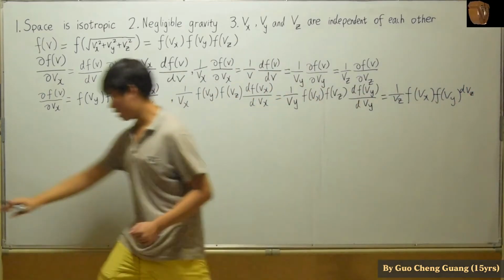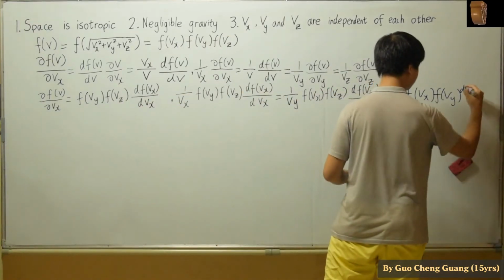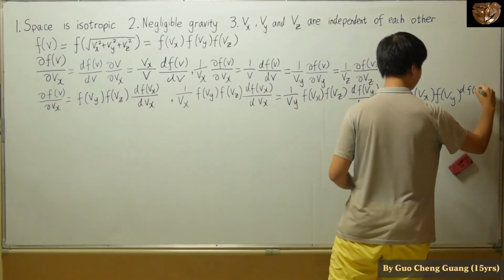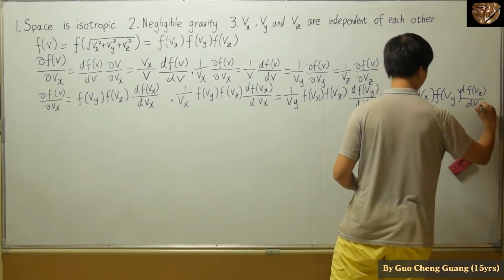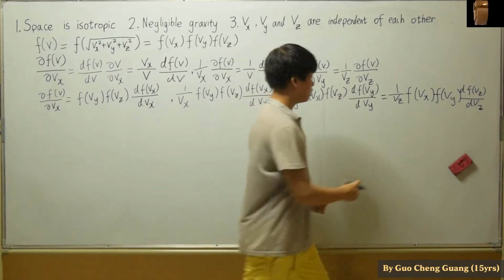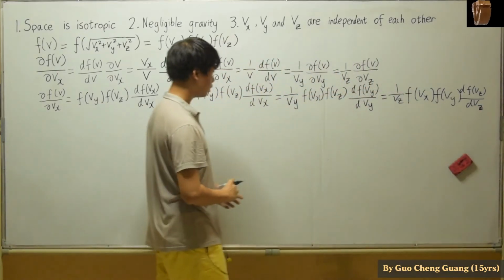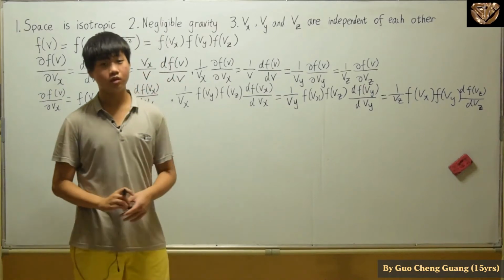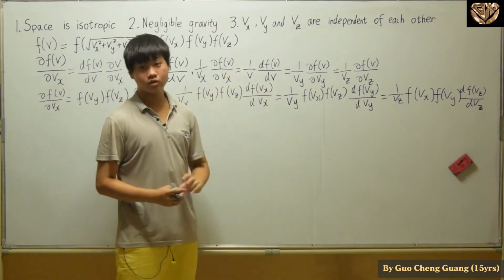Whoops, here is f. So this is what you are going to have. Alright, at this point, can you think of anything else? Well, of course, you can also equate it back to this part.